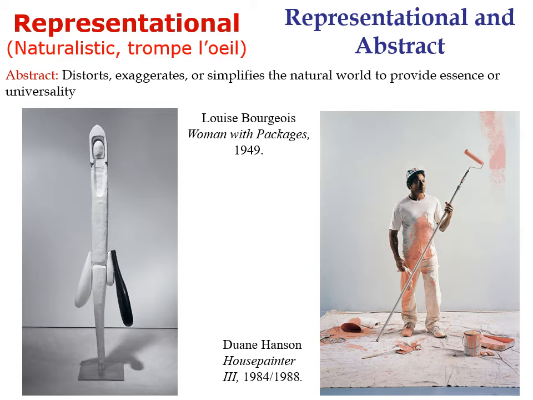Both the Duane Hanson and the Louise Bourgeois are representational. The Duane Hanson, the house painter, the one on the right, is very realistic. It's very natural, trompe-l'oeil, "fool the eye."